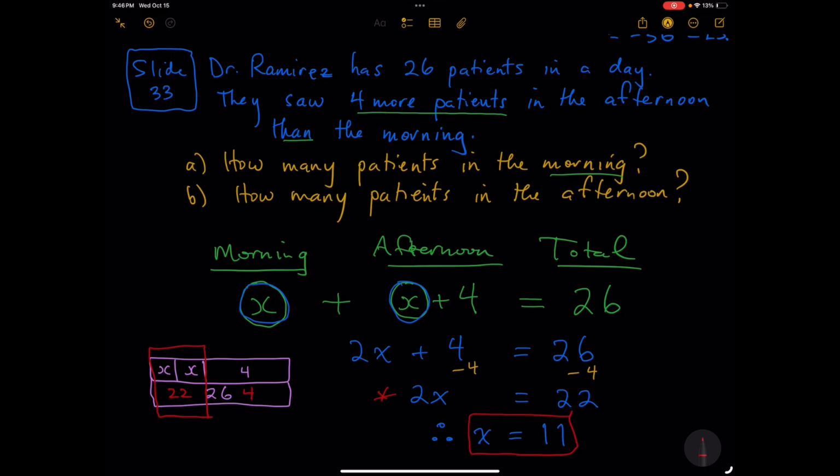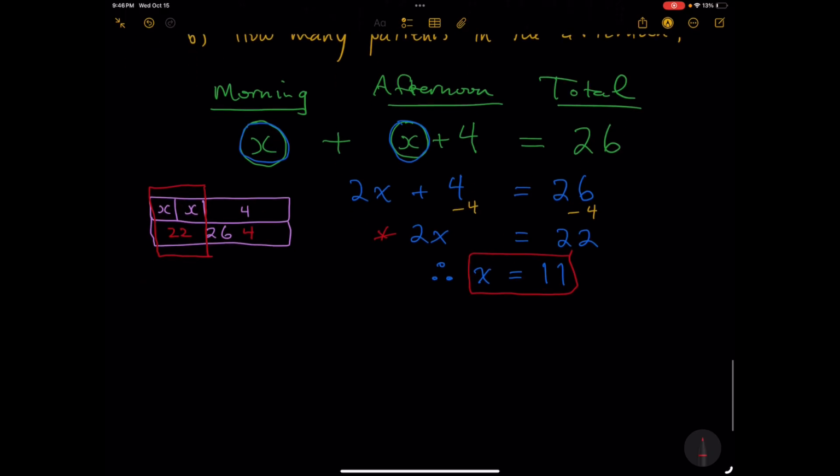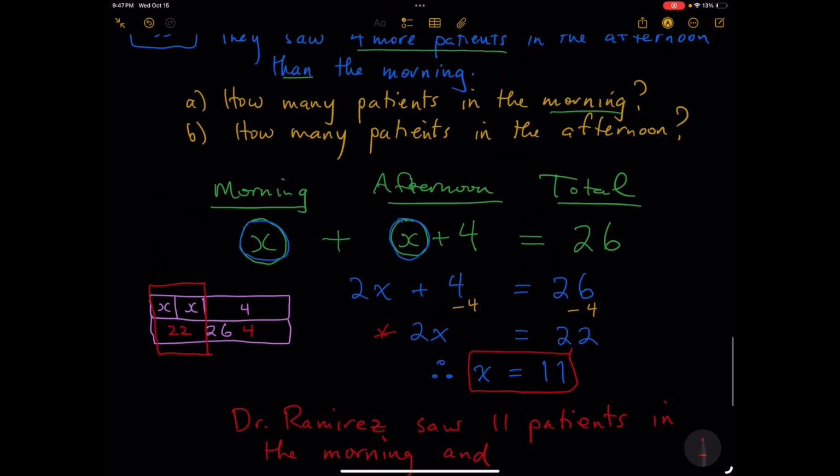Okay, so because we're awesome, we would finish this problem by saying Dr. Ramirez saw 11 patients in the morning, and to answer part B, how many in the afternoon?